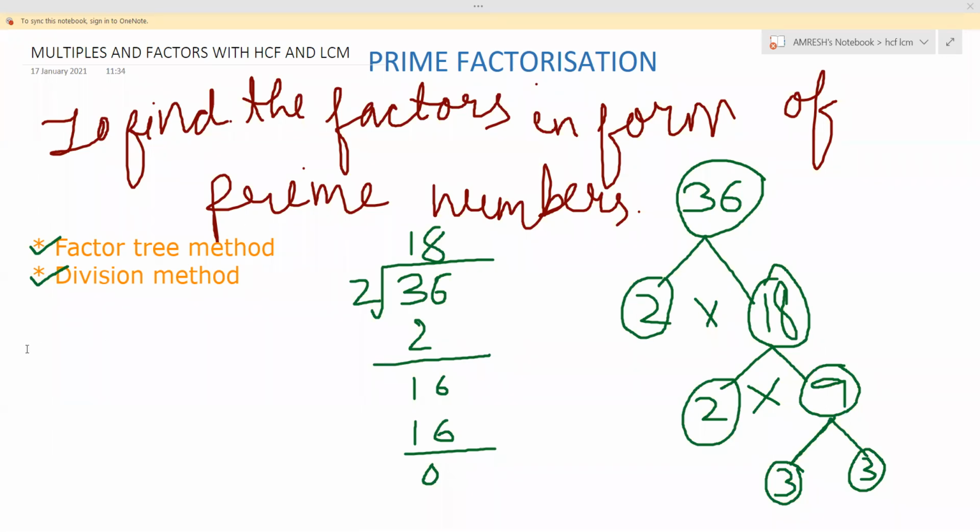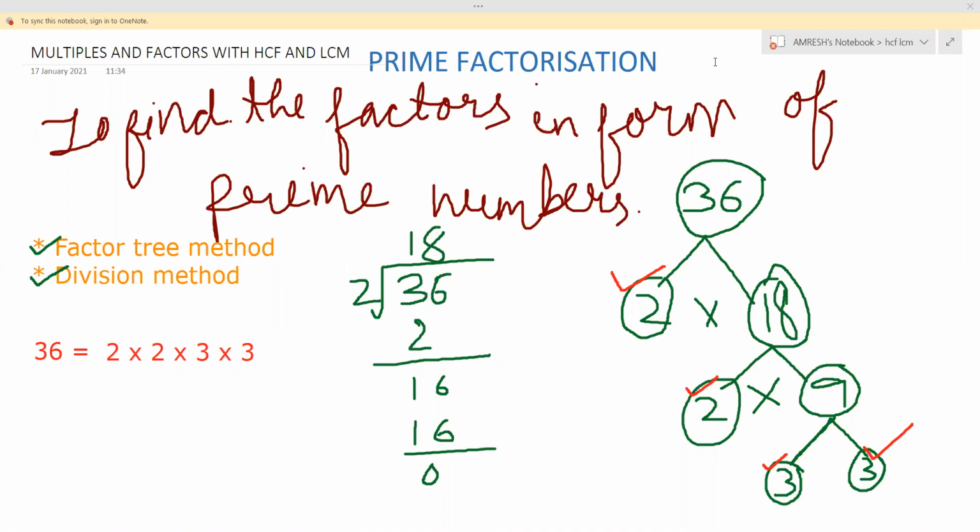You will write 36 equals to the prime factors: first 2, second 2, first 3, second 3. So the prime factors we found: 2 into 2 into 3 into 3.